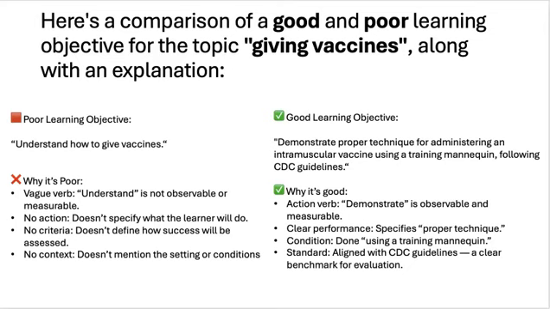A better learning objective is demonstrate proper technique for administering an intramuscular vaccine using a training mannequin following CDC guidelines. I hope you can see the major difference between the poorly written objective and the much better written objective.